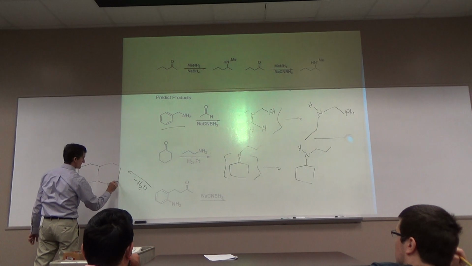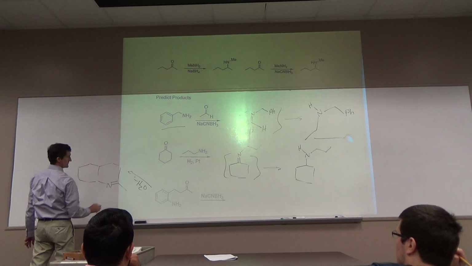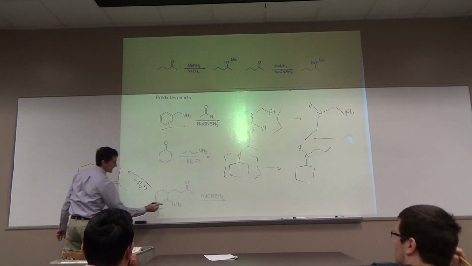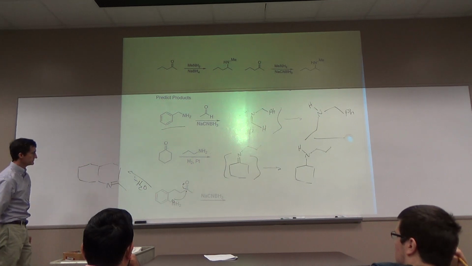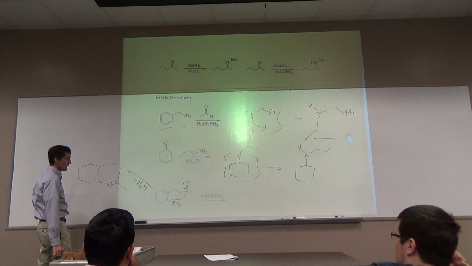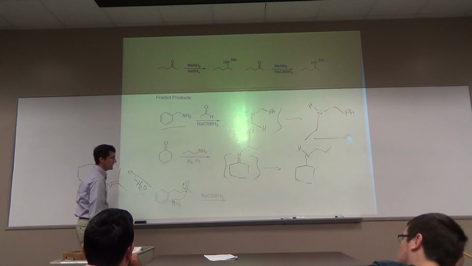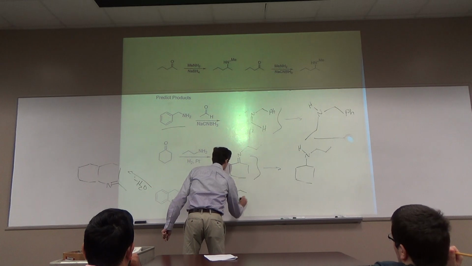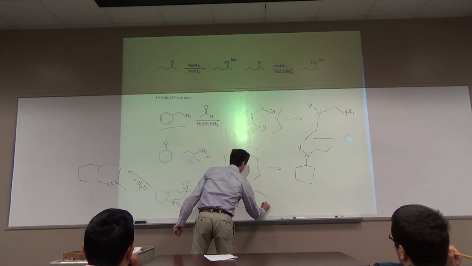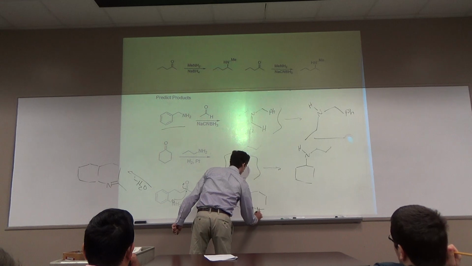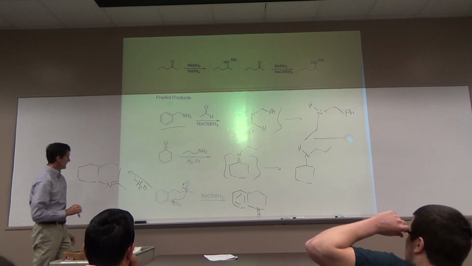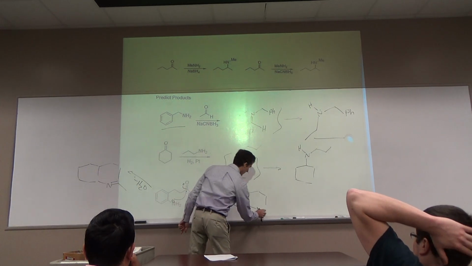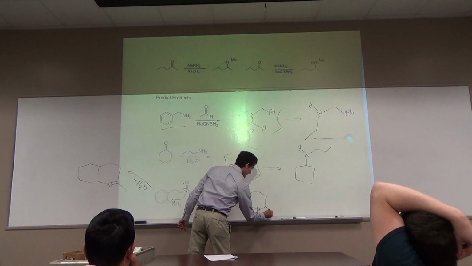A six-membered ring, an N=C double bond, and methyl, right? And then we're going to reduce the double bond. It's just going to be a six-membered ring. Oh, we lost the methyl. Let's connect the bonds. You have methyl there.